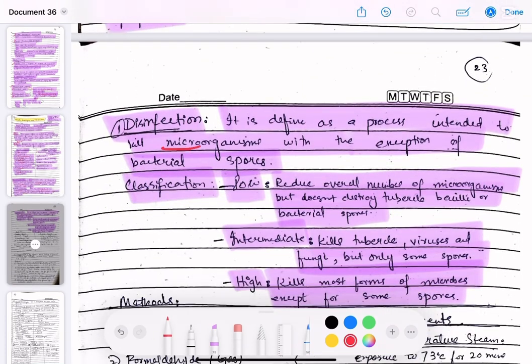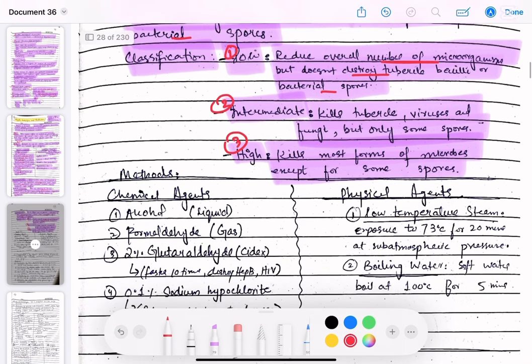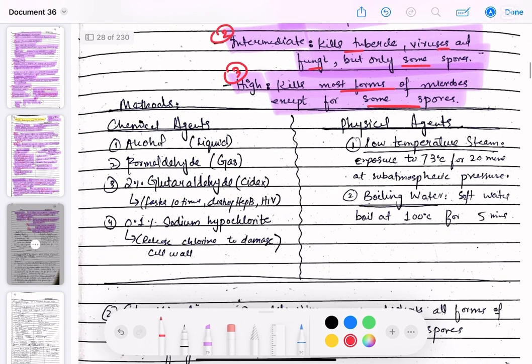The classification is low, intermediate and high. Low reduces the overall number of microorganisms but does not destroy tubercle bacilli or bacterial spores. Intermediate kills tubercle bacilli, viruses and fungi but only some spores, and high kills most forms of microbes except for some spores.